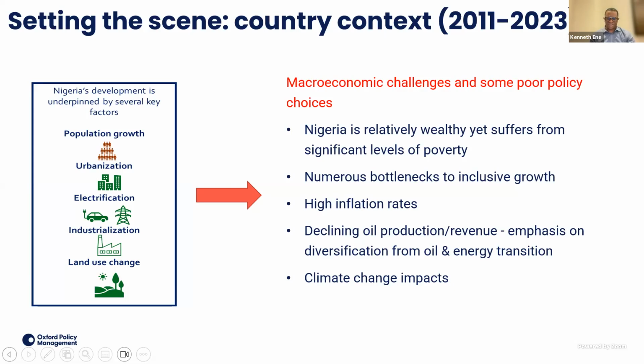One of the greatest paradoxes in Nigeria is that it's a resource-rich country, as I've said, but it also has significant levels of poverty. There are quite a few bottlenecks to inclusive growth. There are issues with inflation, and our economy really has been dependent on oil production.